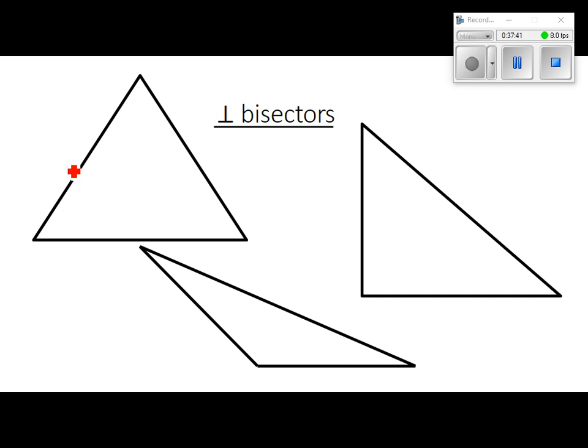If I'm going to draw the perpendicular bisectors for this triangle, if I pick this side right here, the first thing I want to do is bisect that side. Somebody tell me when I get to the midpoint. I'm going to move my pen up this. Tell me when I'm at the midpoint. Now, this is what I want to do. To make this easier on me, let's do the same thing on this other side over here. Tell me when to stop.